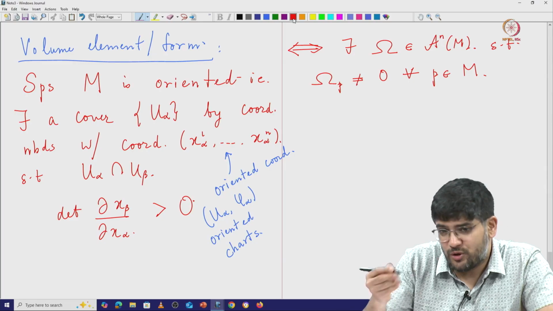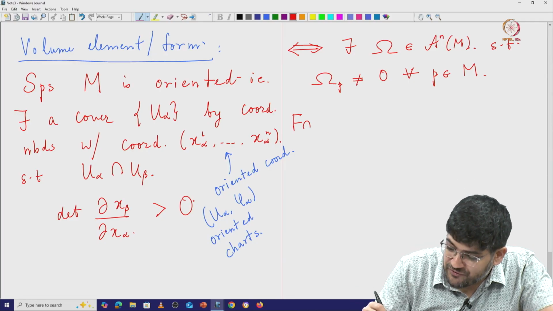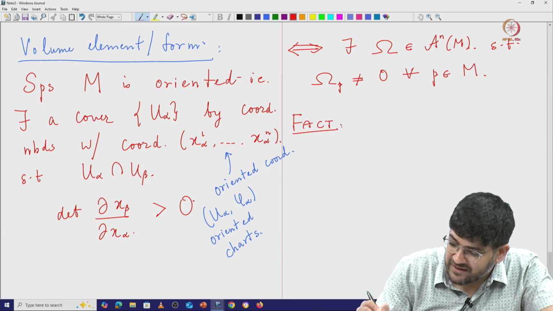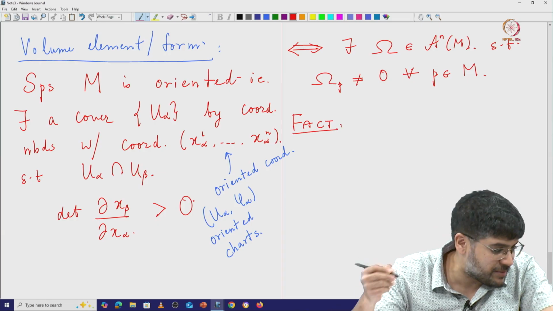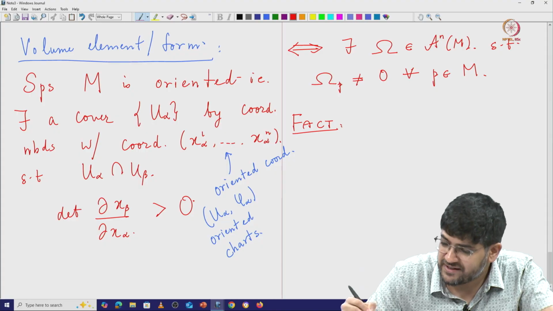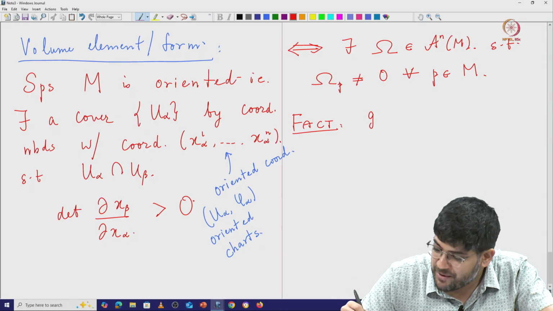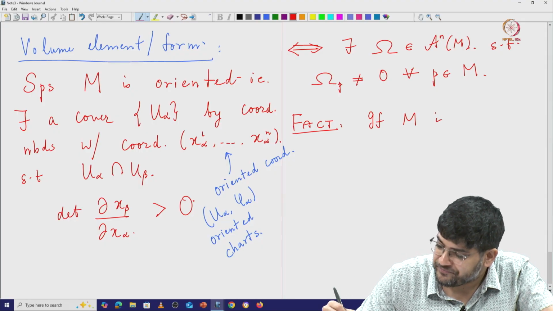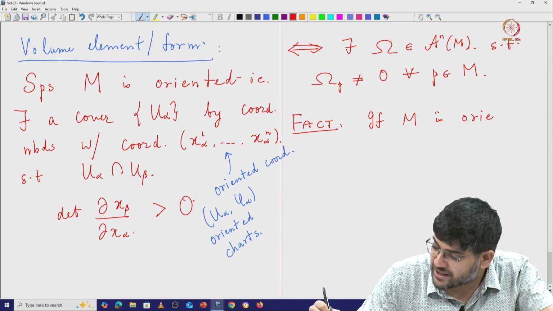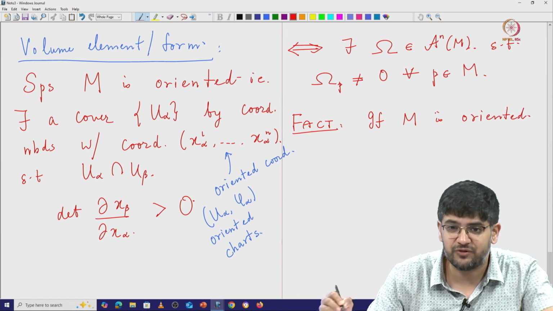Okay. So why is orientation important? That comes from this very basic construction that one does, that if M is oriented, then one can actually define integration of top forms.